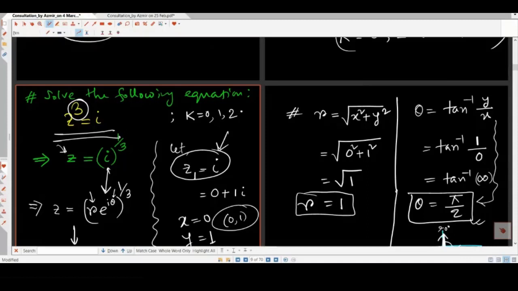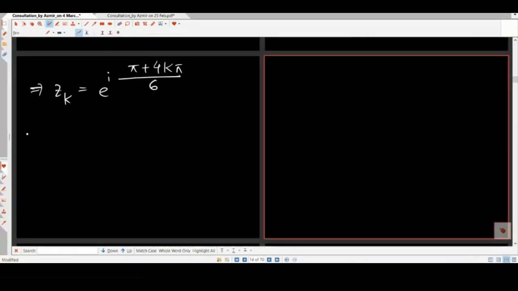So that is up to you. But my suggestion will be always, please start from k equals 0. We can also take k equals 0, k equals negative 1, k equals negative 2. But this is the simple form that we can use. zk equals e power i, pi plus 4k pi over 6. So here, now k is our input.